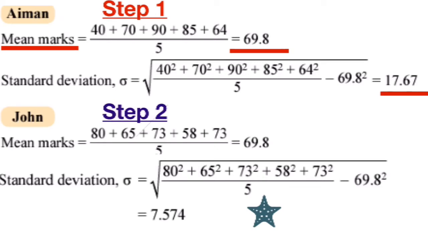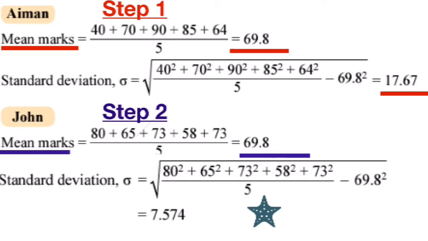So the mean mark for John, 80 plus 65 plus 73 plus 58 plus 73 divided by 5, you get 69.8. It's the same as Aiman's answer just now, right? For the standard deviation, you take 80 squared plus 65 squared plus 73 squared plus 58 squared plus 73 squared over 5, minus 69.8 squared, then you square root.